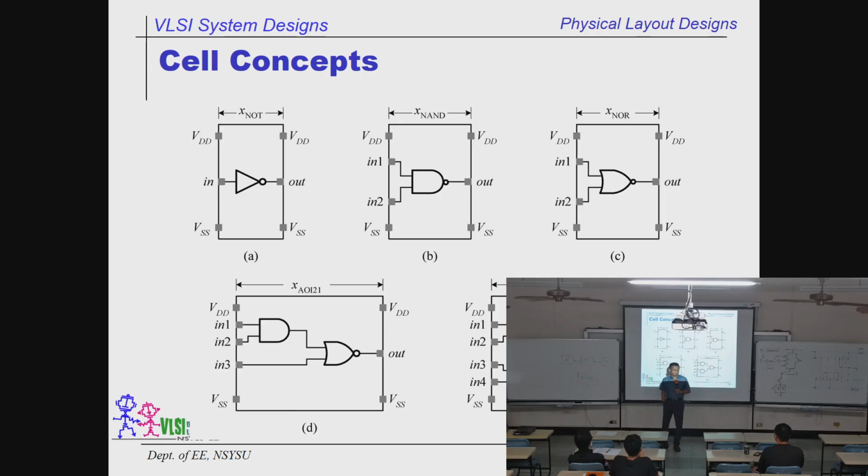That's all. As long as they are positioned like this, the output will go to the next inverter if the input power is placed like this one, and you can cascade them together immediately without any problem. All right, this is how it works. That's called the cell concept. You have to follow the rule.